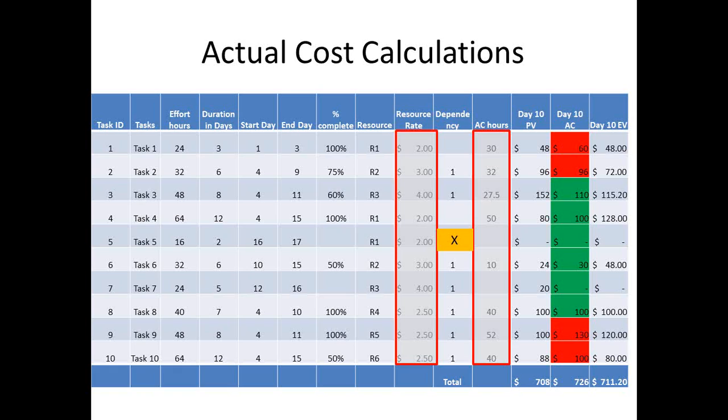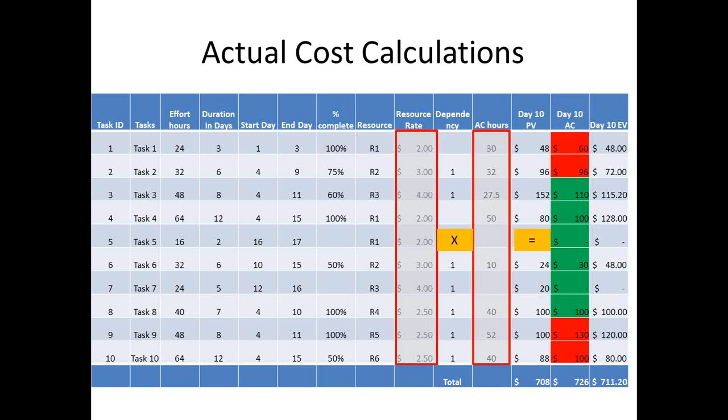And then for task number 3, instead of using 48, you are at 27.5 since the activity is at 60%. So now you found the planned value for day 10, the earned value for day 10, and now you're finding the actual cost for day 10.